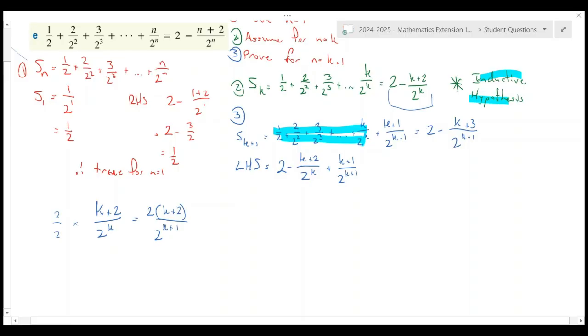So I'm going to go back over here, and I have got 2 minus 2 outside of k plus 2 over 2 to the k plus 1, plus k plus 1 over 2 to the power of k plus 1.